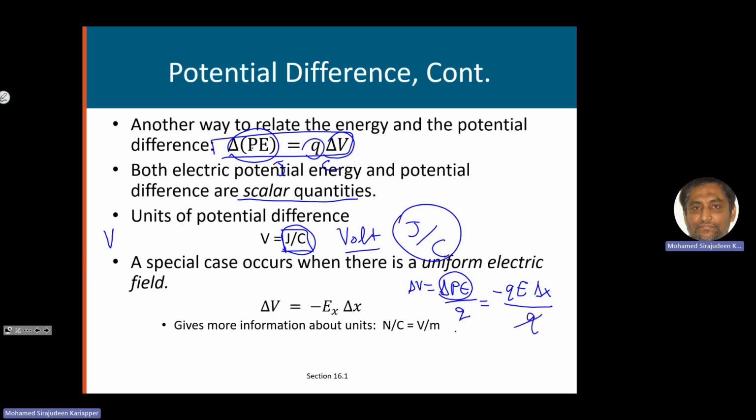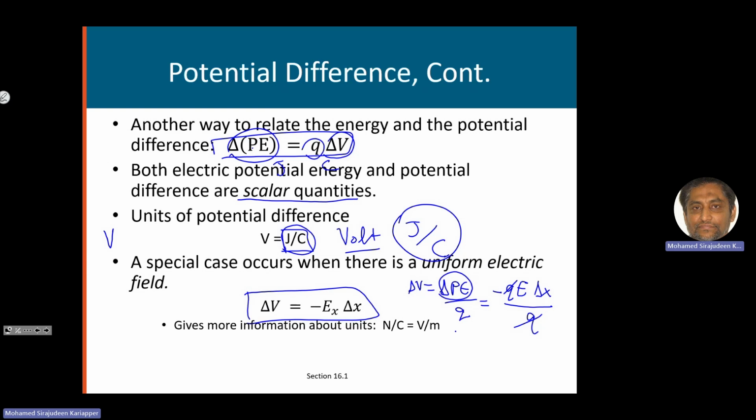Dividing by Q, Q cancels with Q, so we get this special result: the potential difference is equal to minus E x delta x. Again, remember, this is a special result when the electric field is uniform. The potential difference between two points A and B will be minus E x delta x. Delta x is the displacement from A to B, rather than distance.